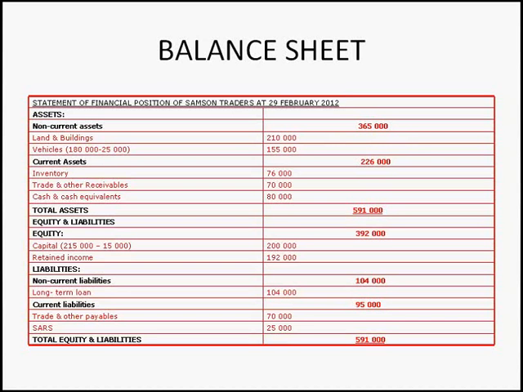Then on the left-hand side, you'll see that I've typed in the main areas, in other words, assets, and we subdivided them into non-current or fixed assets and current assets to give us total assets, and that's the left-hand side of the accounting equation. And then on the right-hand side of the accounting equation, I have owner's equity and liabilities. First I show the equity part, and then I show the liabilities part.